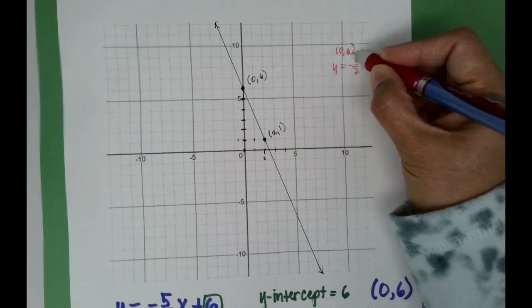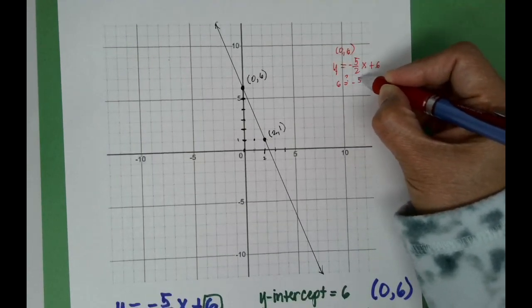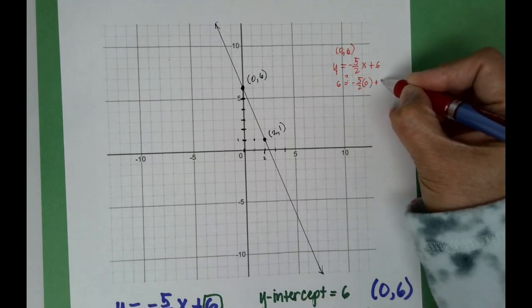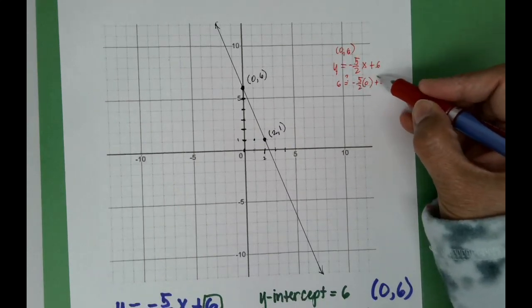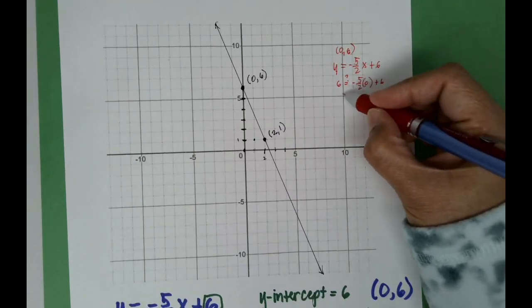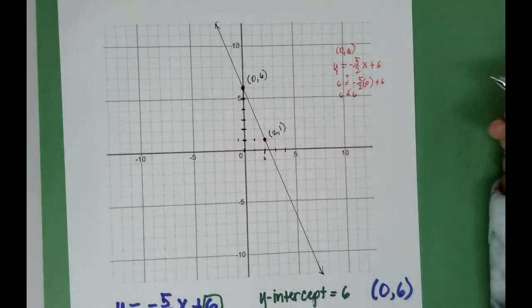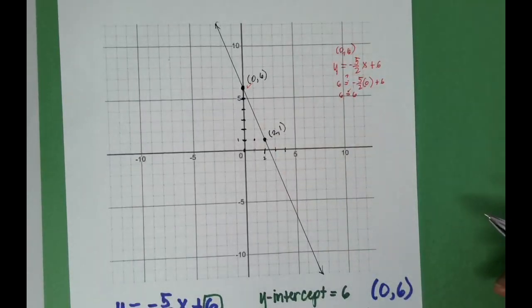Instead of y, we substitute 6. Is 6 equal to negative 5 halves times 0 plus 6? Negative 5 halves times 0 is 0, and then plus 6 is 6. Both sides have a value of 6, so (0, 6) is a solution.